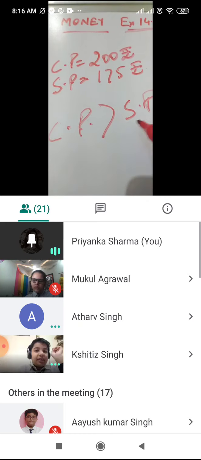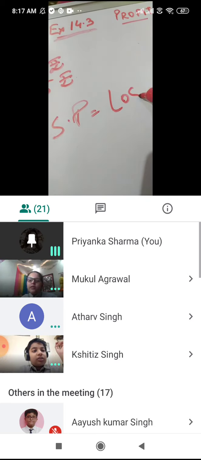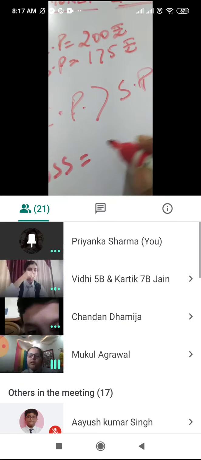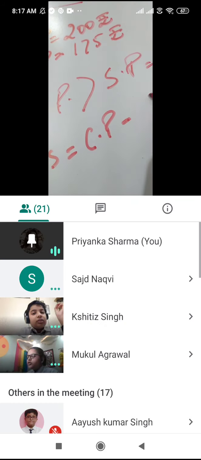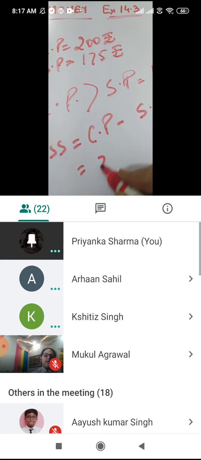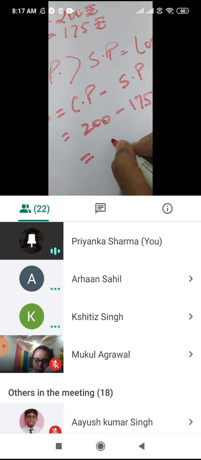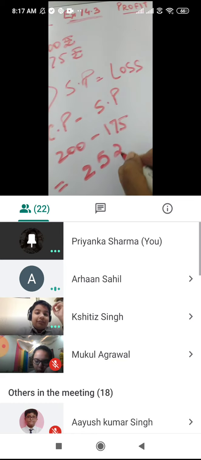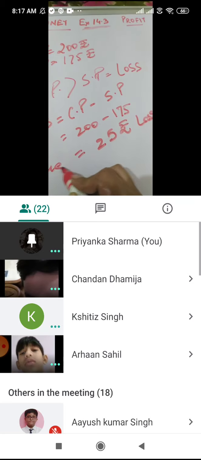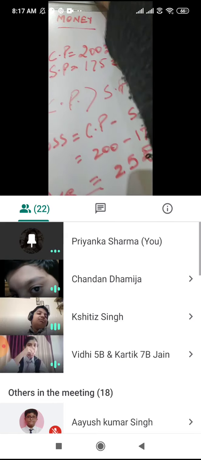So when CP is greater than selling price, what do we have? Yes, we have loss. What is the formula of loss? CP minus SP. That means 200 minus 175. How much will we get? 25. Rupees 25 loss. This is our answer. Got it? Any doubt?